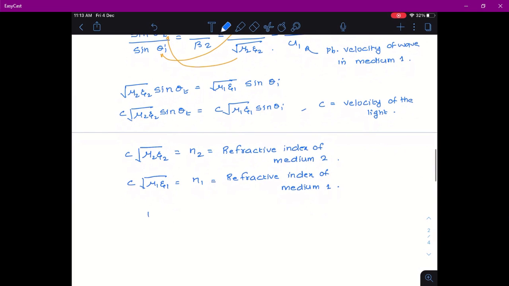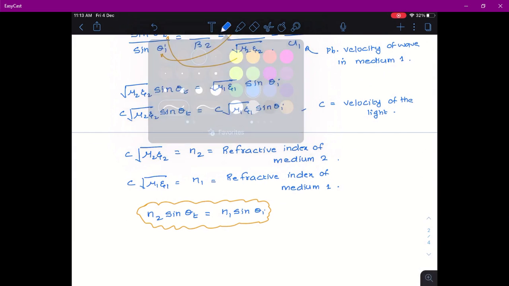So I can write n2 sin theta t is equal to n1 sin theta i, and this is our famous Snell's law.